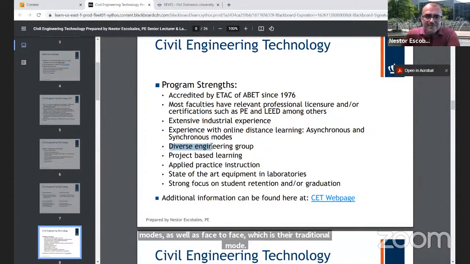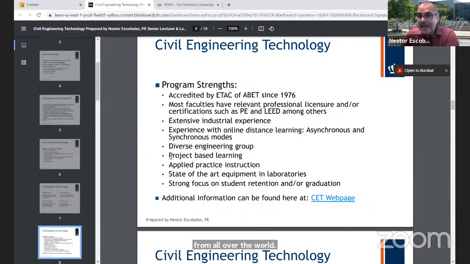When we have a diverse engineering group, we have people from all over the world, faculty members and students. And that makes you feel that you are not alone, that you are here with all of these many other aspiring students.